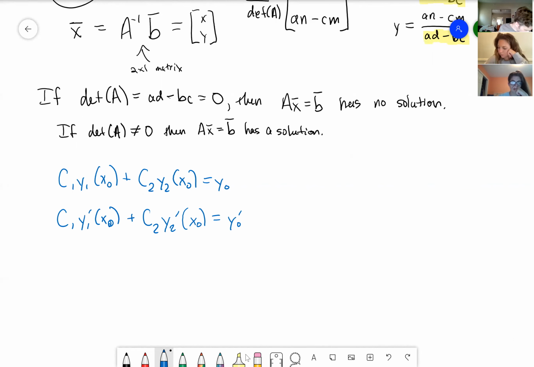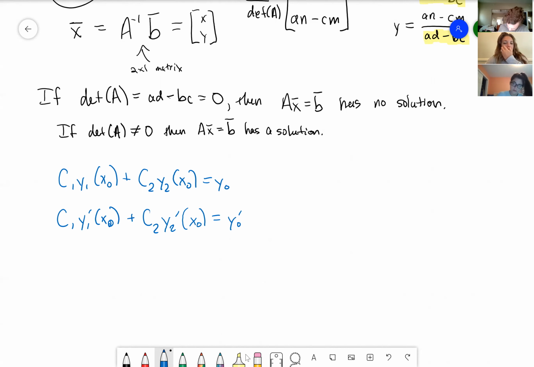All right. Now, if we can solve this system of equations, we've found a specific solution, and our existence and uniqueness theorem tells us that there's only one solution. So if we found a solution, we've found the solution, right? Okay, so let's write this in matrix vector notation.